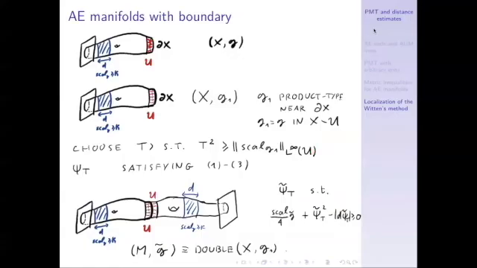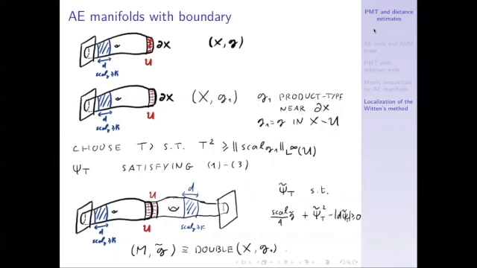Now we pick psi t satisfying properties 1 to 3. And now we can finally double the manifold X. In this way, we obtain a manifold M, which has the property that now it is complete and asymptotically Euclidean.